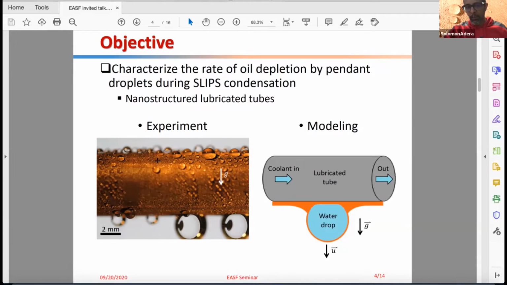This is a copper tube, and cold water is flowing through it, and the condensation happens on the exterior. I'm going to show you some experimental characterization and our modeling efforts.